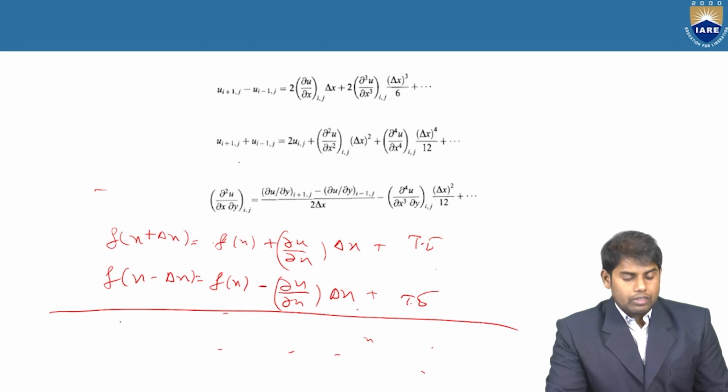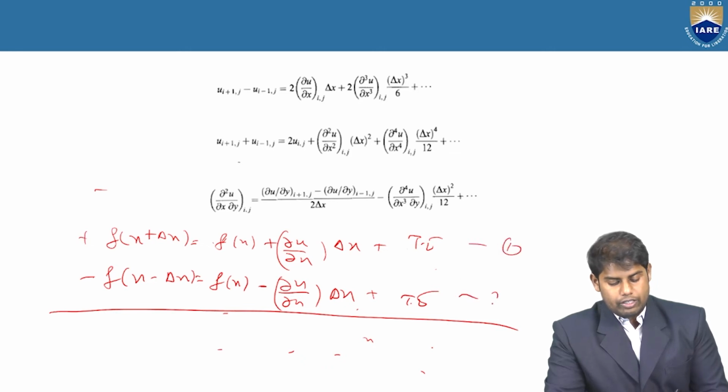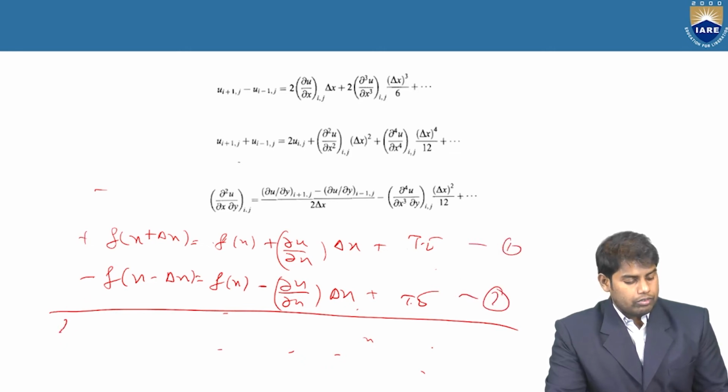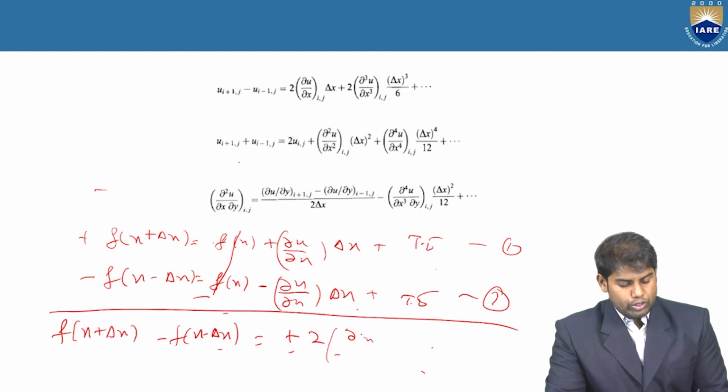In order to get the central difference for dou u by dou x, we have to subtract equation 2 from equation 1. This gives f of x plus delta x minus f of x minus delta x, where the f of x terms get cancelled, equal to 2 times dou u by dou x into delta x plus the truncation error term.